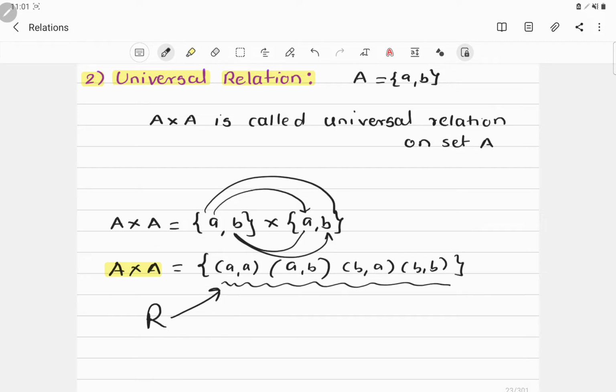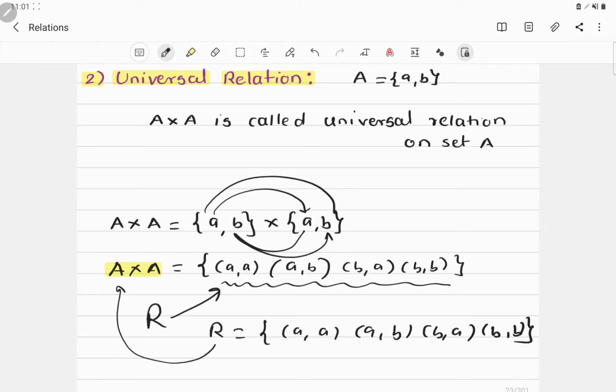So if R in this case is {(a, a), (a, b), (b, a), (b, b)}, then this R is nothing but A cross A itself, and it is called a universal relation.